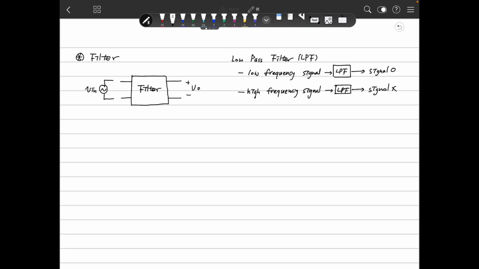I mean, in other filters, for example, high pass filter, or band pass filter, or band stop filter. Most of them are kinds of filters. These are general filters. But I will give some examples of low pass filter here.